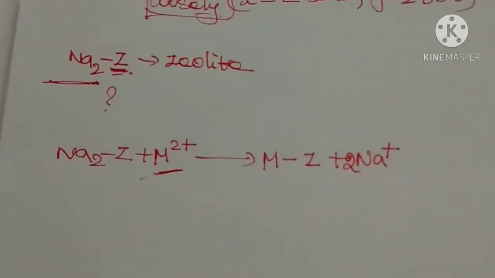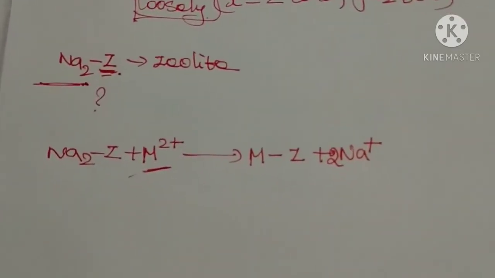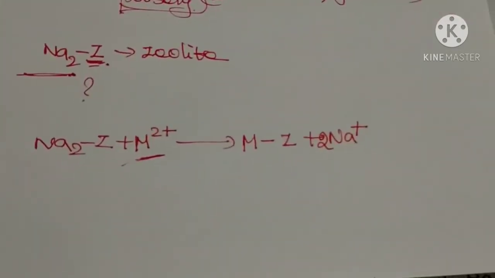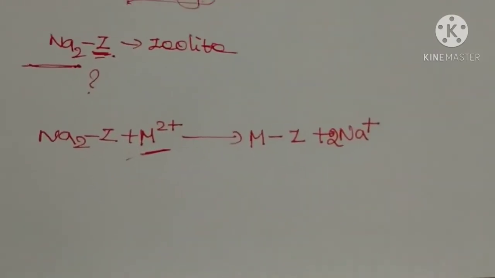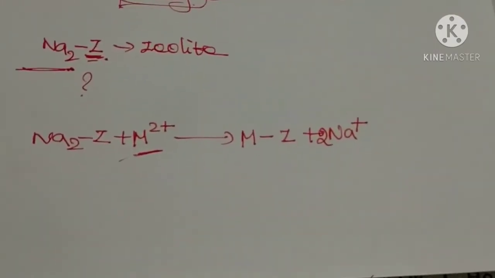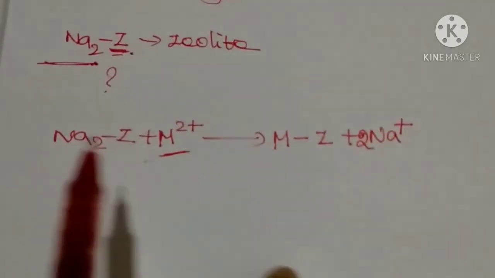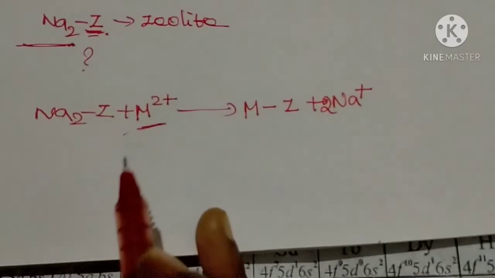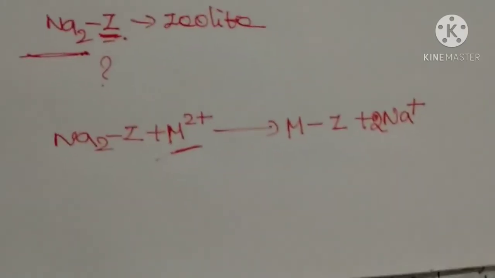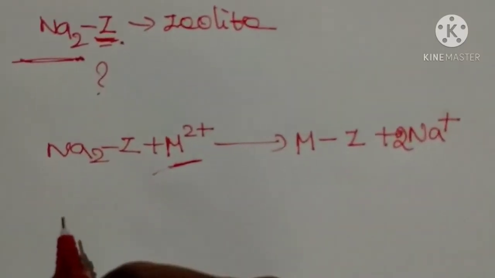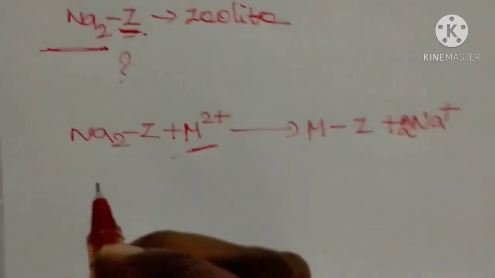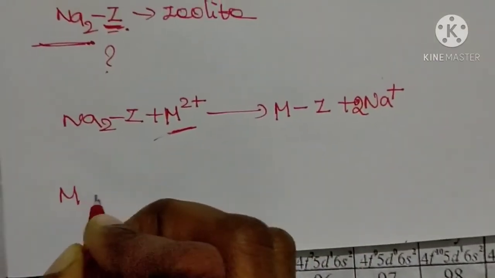When exhausted, the material can be regenerated by treating it with aqueous sodium chloride. The zeolite recombines with sodium and forms the previous Na2Z.